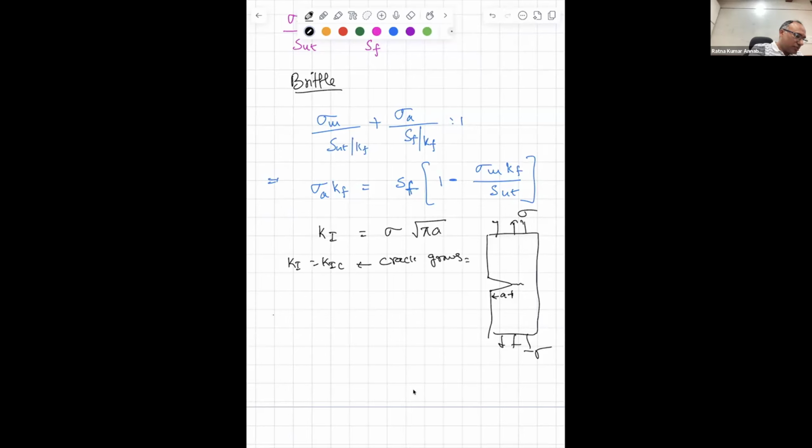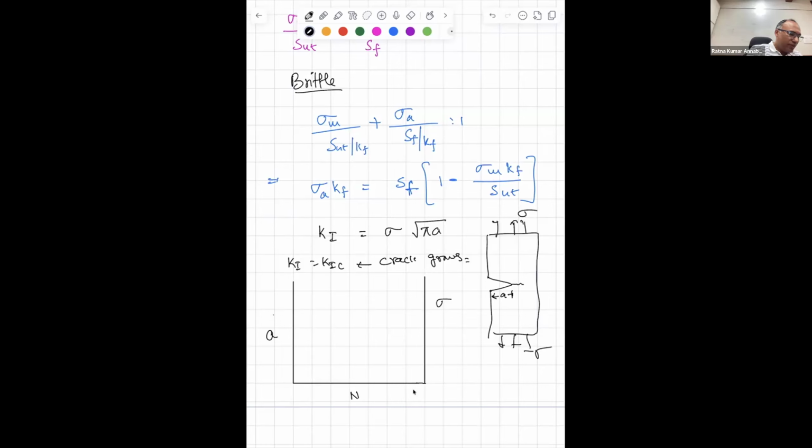So now, let us say you have some initial crack length. This is the crack length and this is the number of cycles. And on the second y-axis, I am drawing the applied stress sigma.